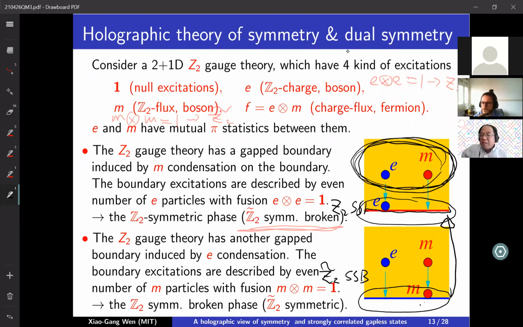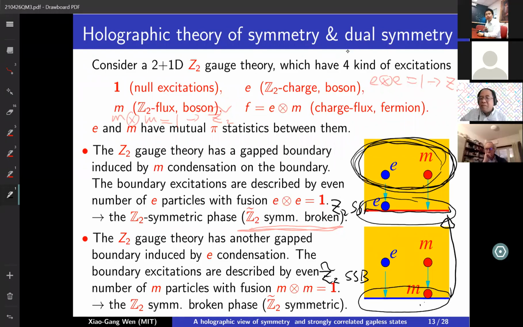Yes, please. Can I have a stupid question? You have a similar picture where you have the gapless Dirac fermion on the boundary of a topological insulator. That's one, but there's a difference.